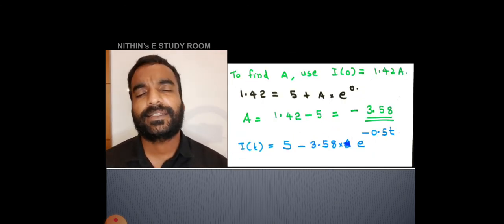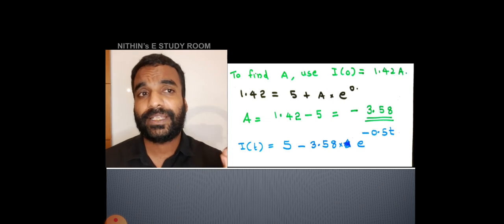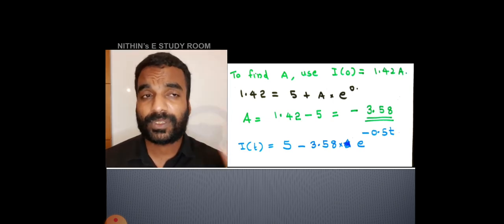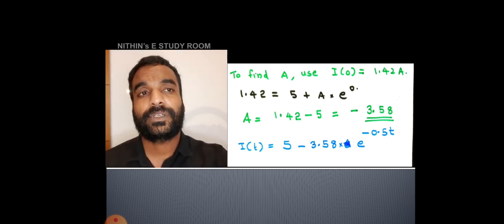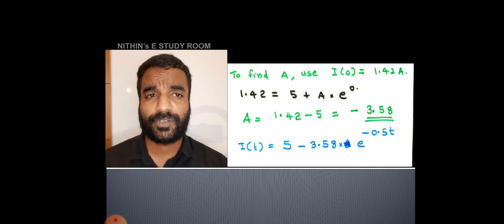So, substitute I0 as 1.42, which is equal to 5 plus a into e raised to 0, because we have to put t as 0 for all the t. So, e raised to 0. So, a is equal to 1.42 minus 5, so it will be minus 3.58. The value of a is equal to minus 3.58.